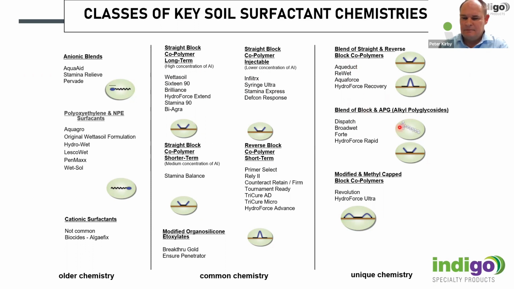And then on top of that, this newer chemistry group, a blend of block copolymers and newer technology in that APG, which was developed around 2000, a product that reduces surface tension significantly and overcomes those cohesive forces that water droplets have. So you're looking there at Dispatch, Broadwet, Forte, which has a blend of those materials in it, plus another surfactant.